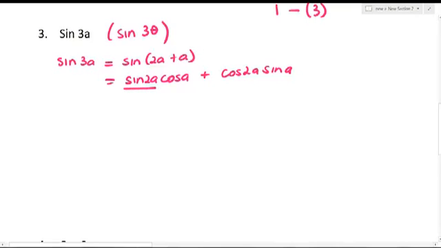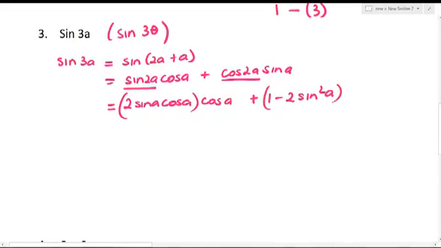So we don't really want these double angles, so we're going to substitute them. So the double angle for sine 2a is 2 sine a cos a, and all of that is still multiplied by cos a. And we're going to change cos 2a to a version that has sine in it. So the version that we're going to change this into is 1 minus 2 sine squared a, bracket, sine a.